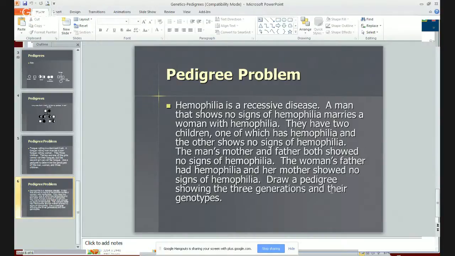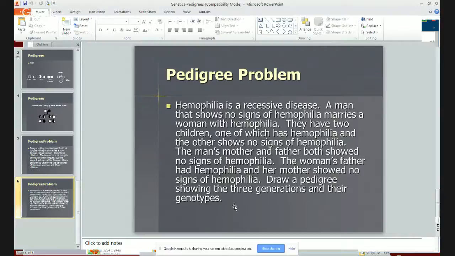So you should have all three generations. The only two people we were not able to finish were dad's parents. Like I said, we know they're both dominant, but we don't know if one of them was a carrier. We just don't know which one. They both could have been carriers, but we don't actually know.